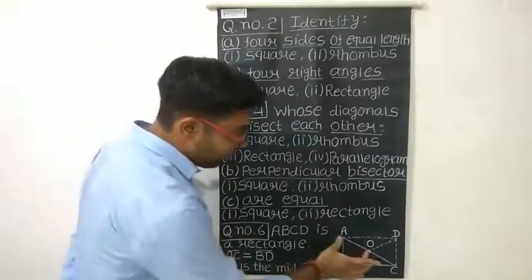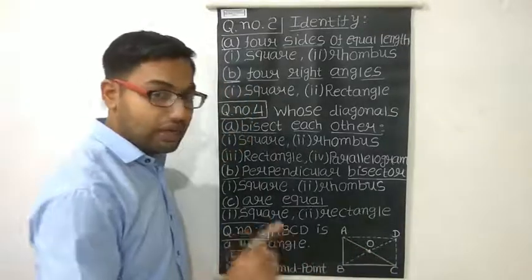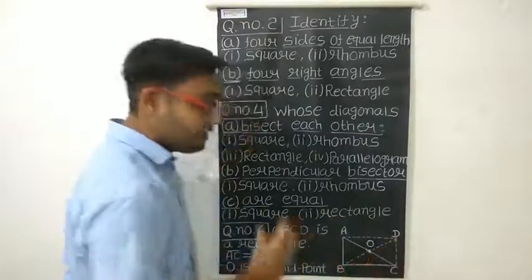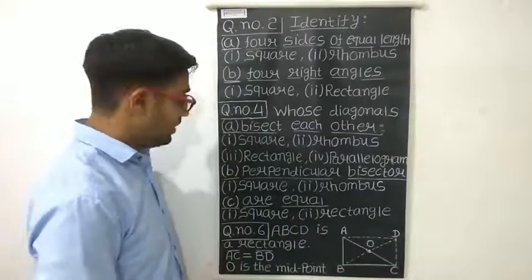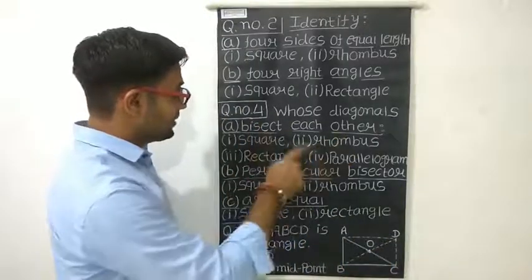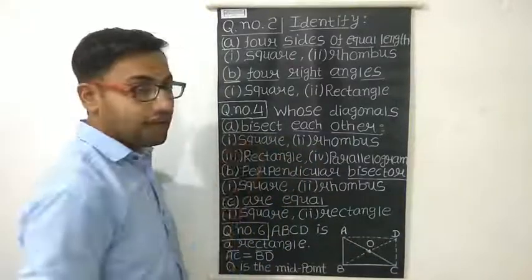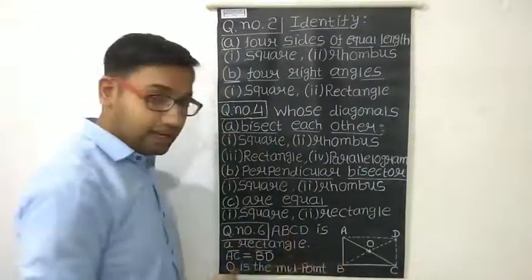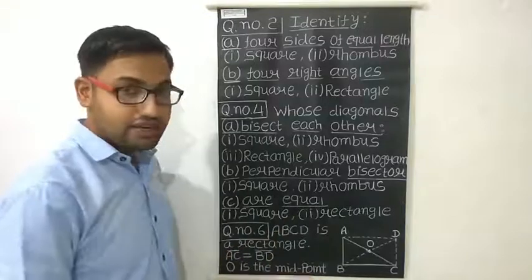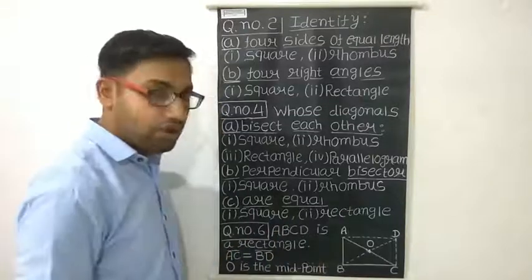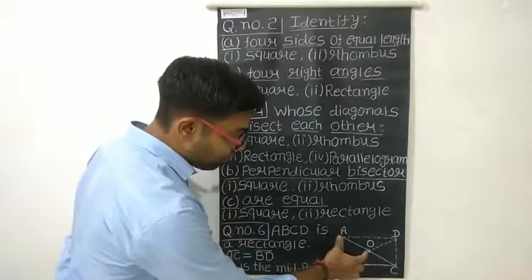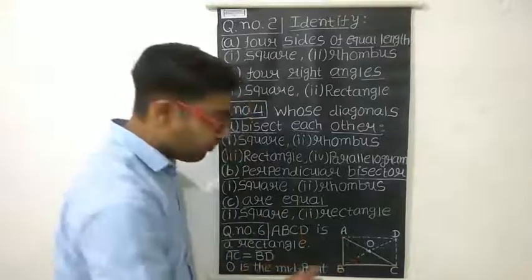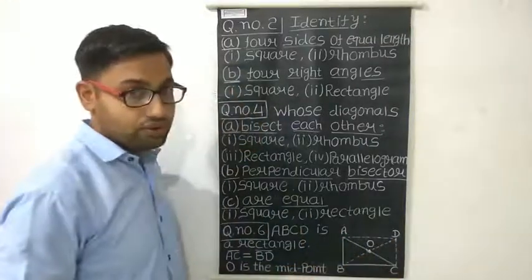Bisecting means OA and OC are equal, OD and OB are also equal. Right? So here we have stated bisect each other, in that also there is a rectangle. So as this is a rectangle, its diagonals bisect each other at point O. That means OA and OC are equal, OD and OB are also equal.